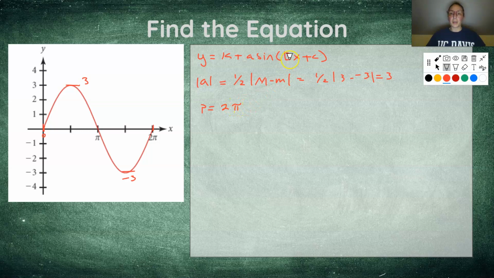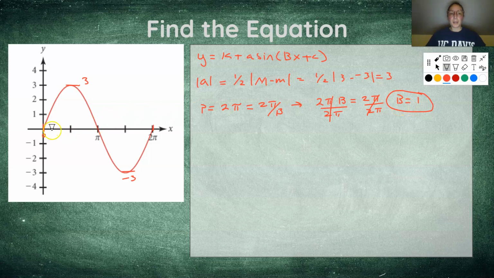So we know that our b then is going to be 1, but let's set it equal to 2 pi over b. This is how we're going to figure out our b. Multiply both sides by b. We would get 2 pi times b equals 2 pi. Divide out both sides by 2 pi. And we would end up with b is equal to 1.